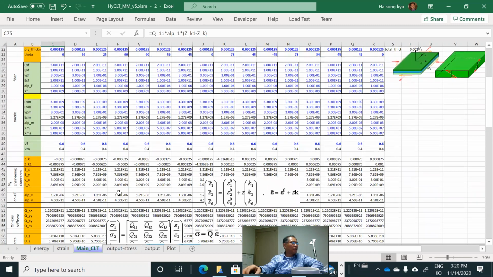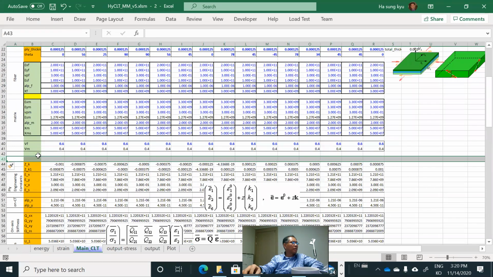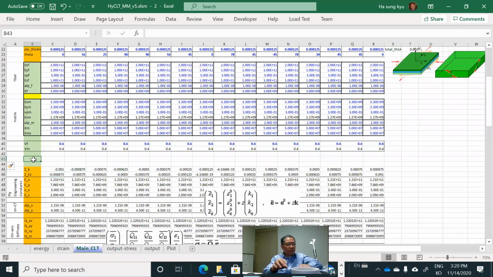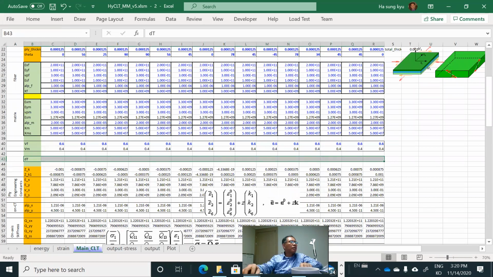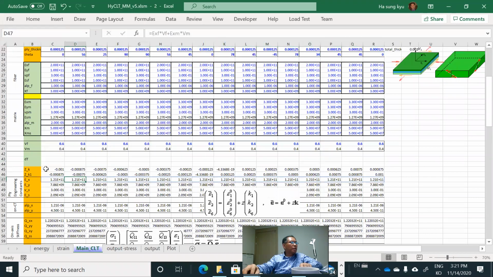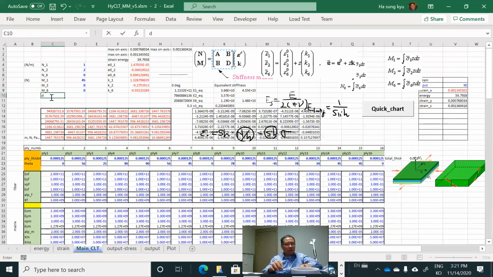So let's say dt is the value for each ply, but right now let's say dt is a constant value, say 10 degrees.